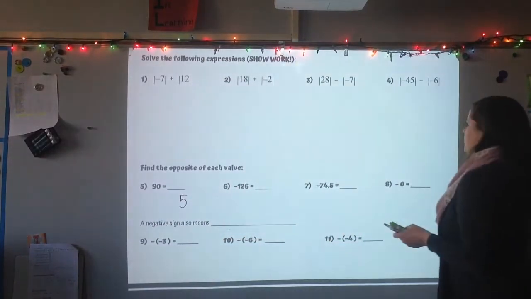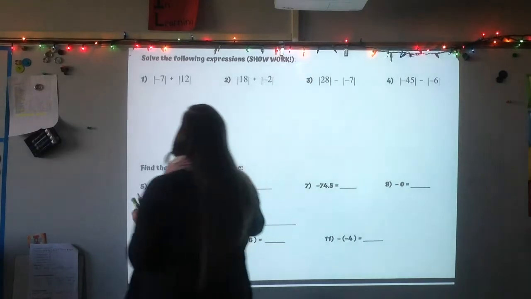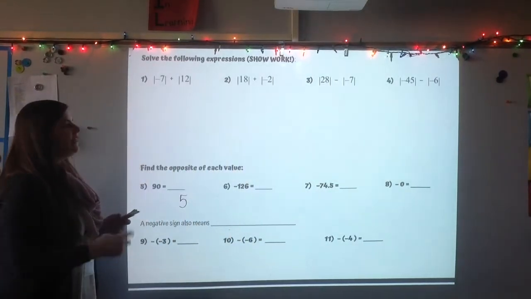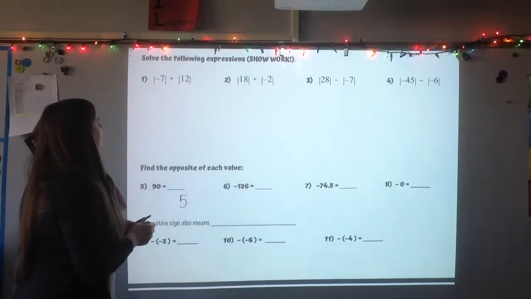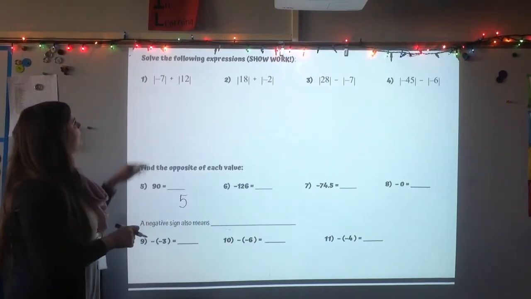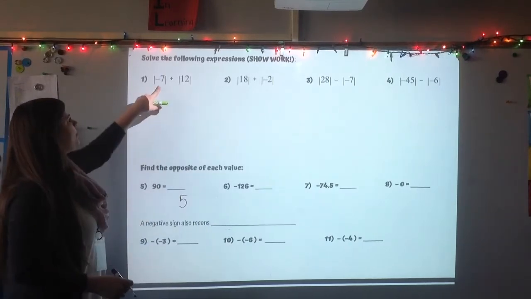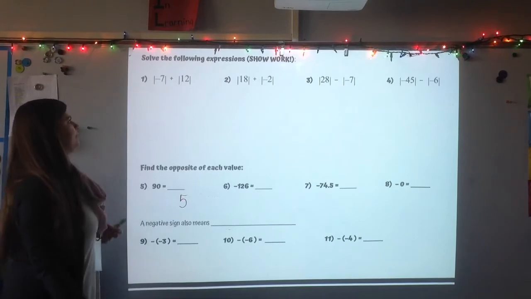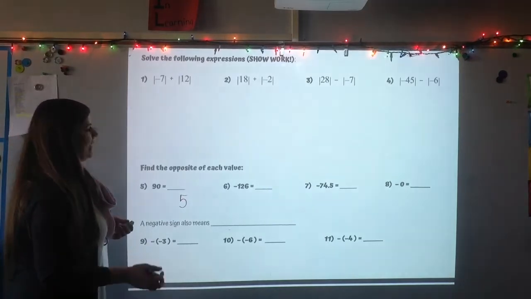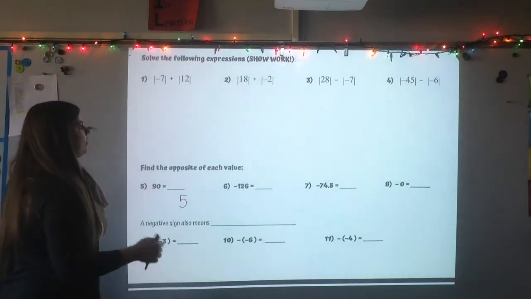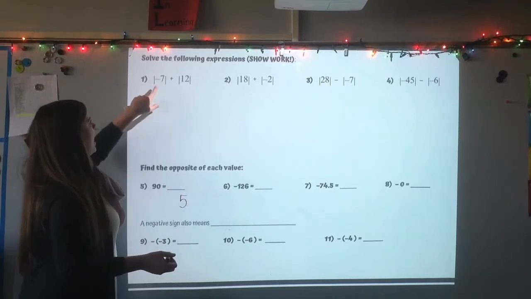Okay, so now we're going to evaluate or solve these expressions, and it's really important to show your work. The first problem is the absolute value of -7 plus the absolute value of 12. Again, absolute value is our distance away from 0. It's always going to be positive.